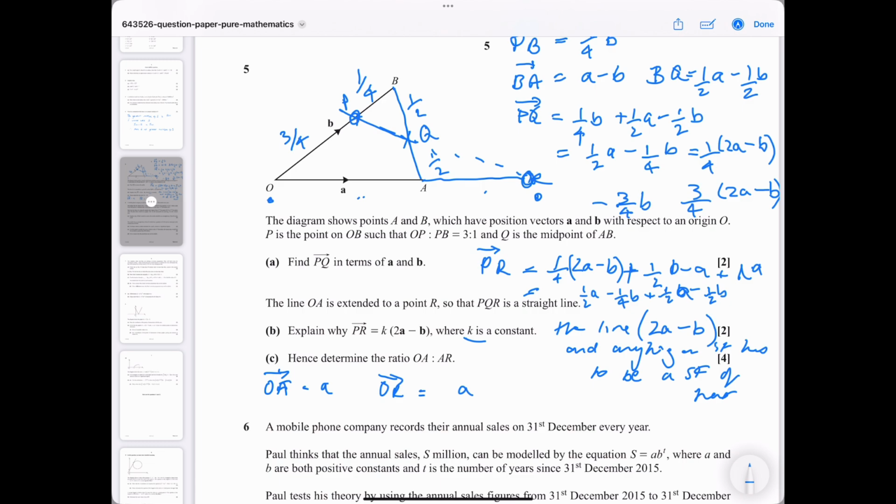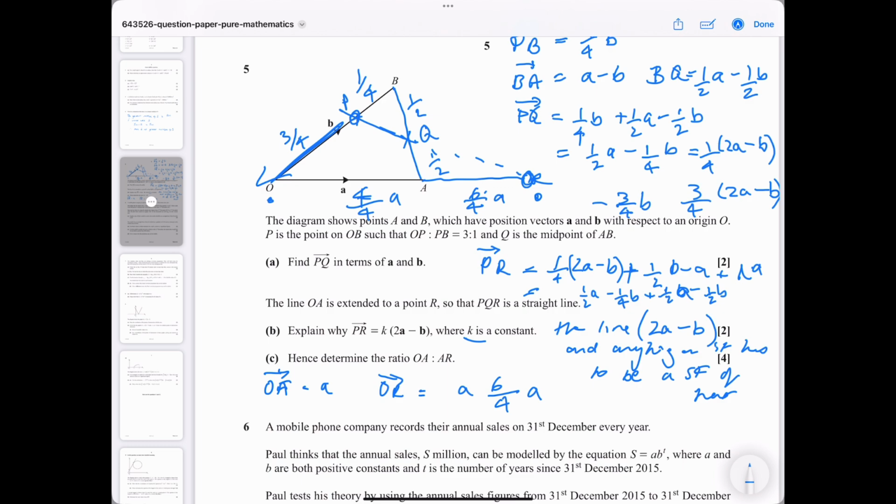So that means that we know it's going to be minus 3/4 b, which is this bit there, and then 3/4 times 2a, which is 6/4 a. So we know that that's 1, so we know that's 4/4 a, and we know that's 6/4 a, so proportionately that's 4 to 6.